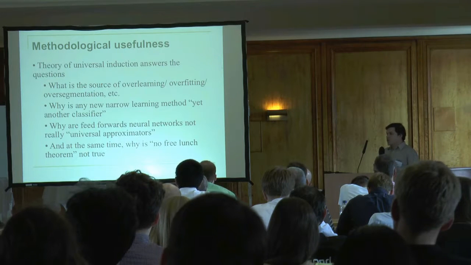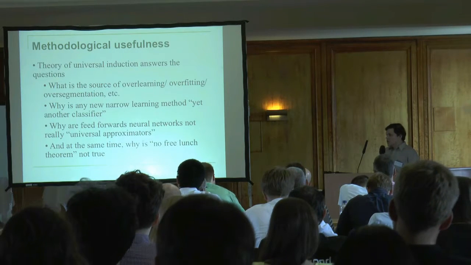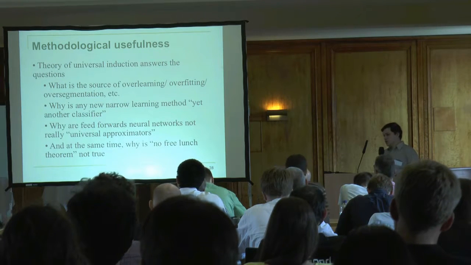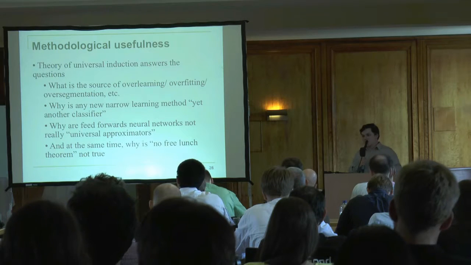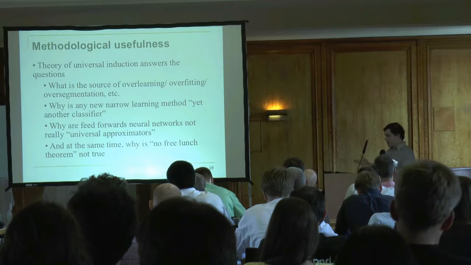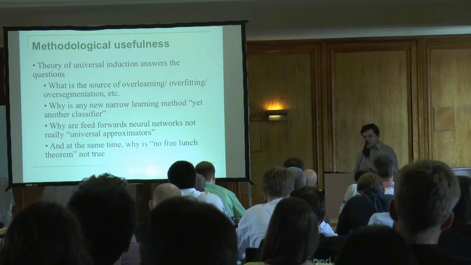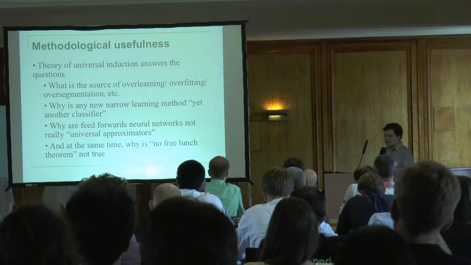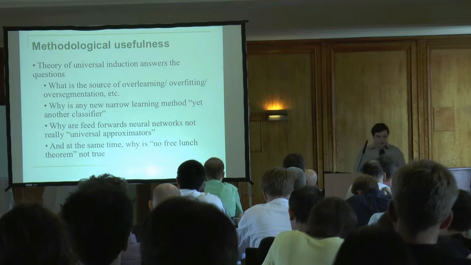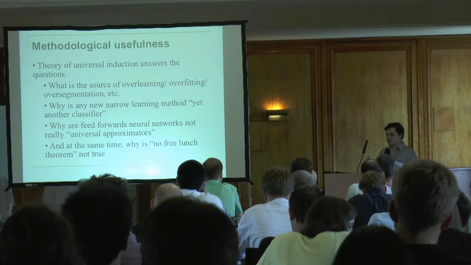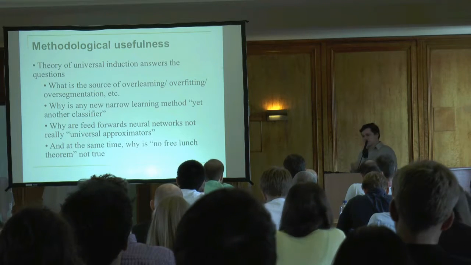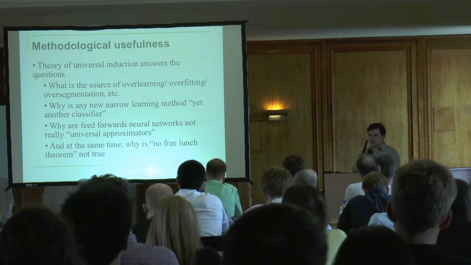But there will be some practical recipes about how to deal with these problems in a narrow sense, but there will be no answer about where these problems come from. And this is quite surprising, because the answer is in the algorithmic information theory and the theory of universal induction and prediction. Also, there is some mystery about neural networks and the no free lunch theorem.